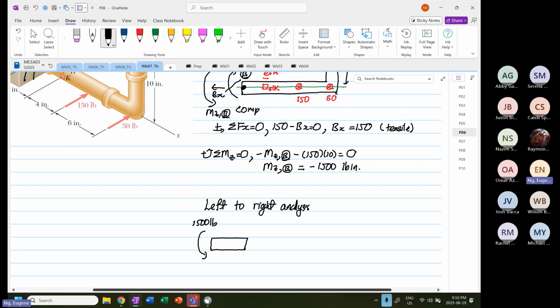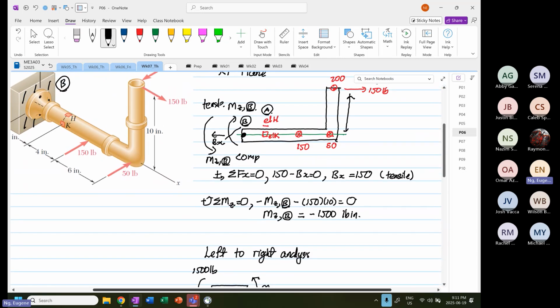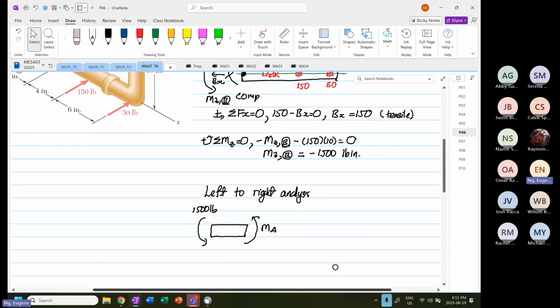And then we assume positive shear over the other side. So this is our moment at A. Because we call this point B, we already called this point A. Why is this the case? Because now we are doing our analysis from left to right.